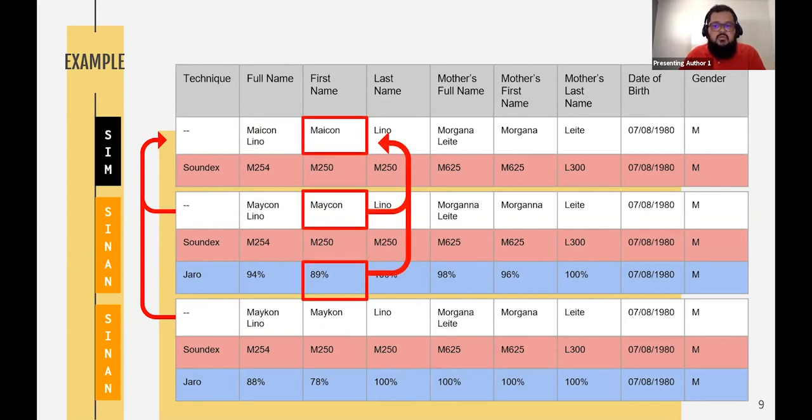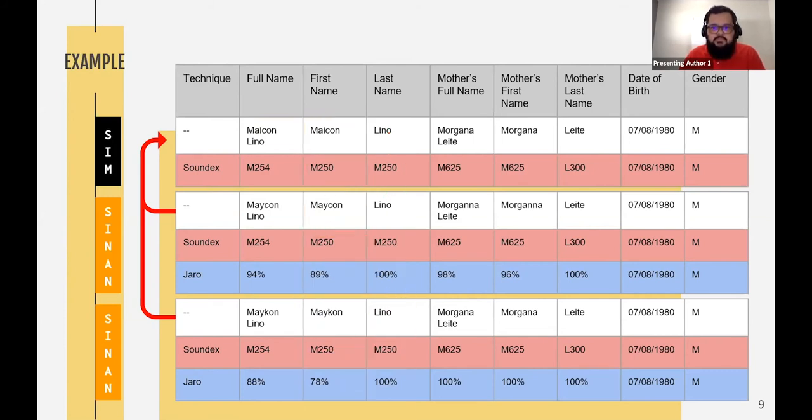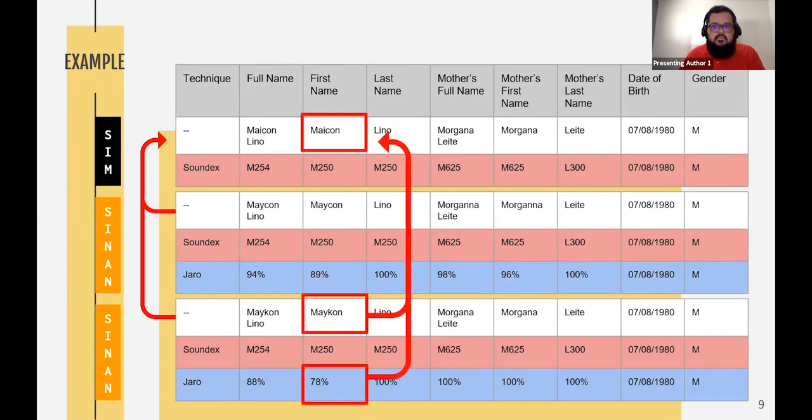In this example, all columns have a value equal to or greater than 85%, with the exception of the first name column, which was 78% similar. So for this column within the Jaccard technique, there was no match between the pairs of candidate records.